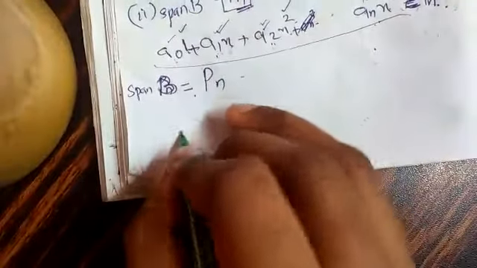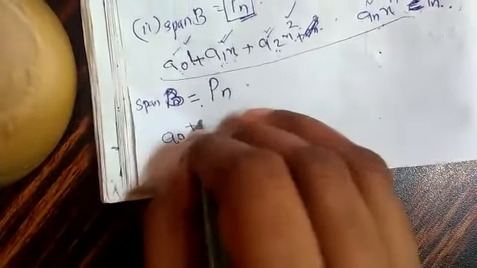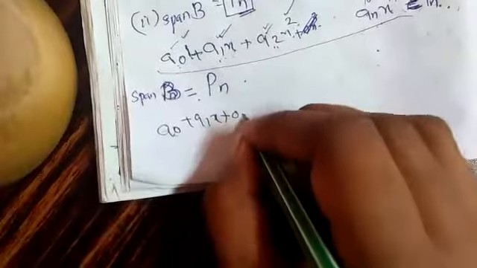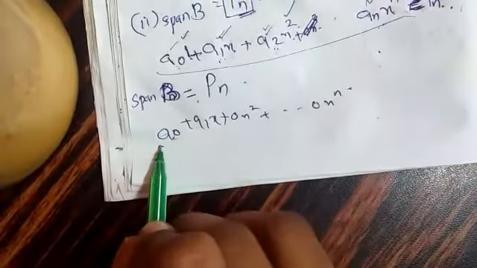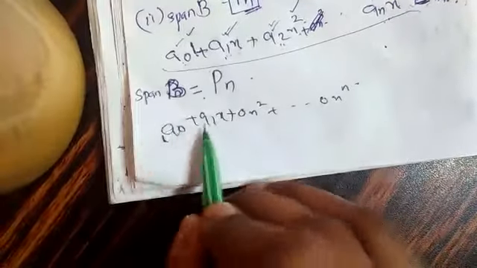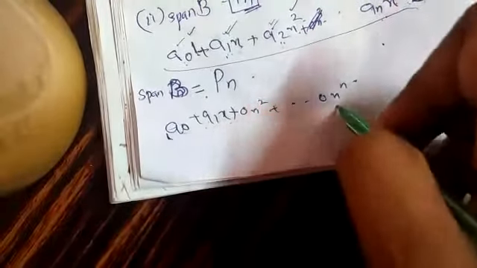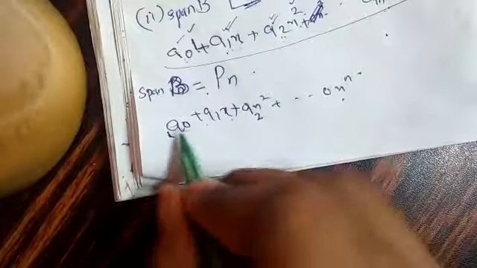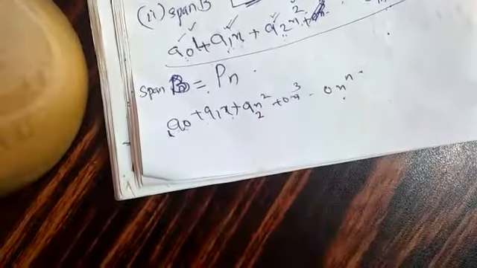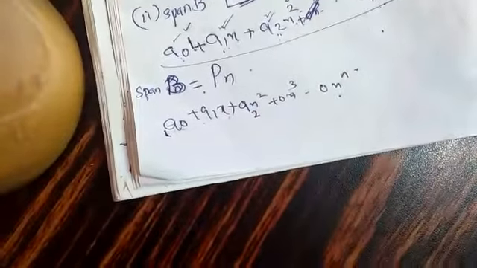So we can write 0x² plus etc., 0xⁿ. So a first degree polynomial is also a linear combination of 1, x, x², etc., xⁿ. Second degree means a0 plus a1x plus a2x², all others are 0. Similarly, proceed this way.